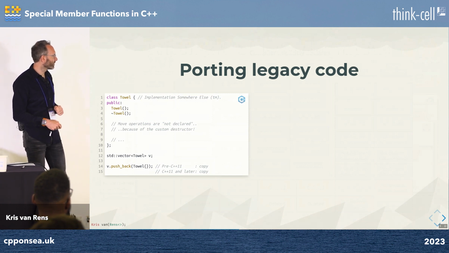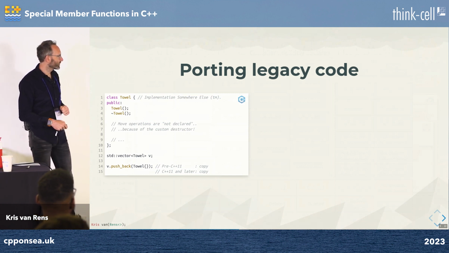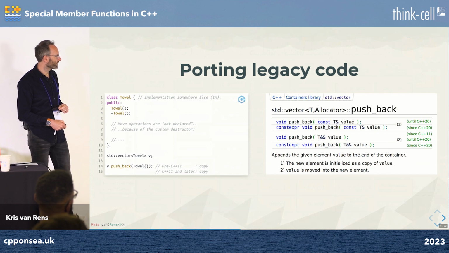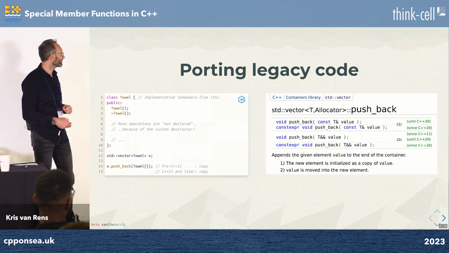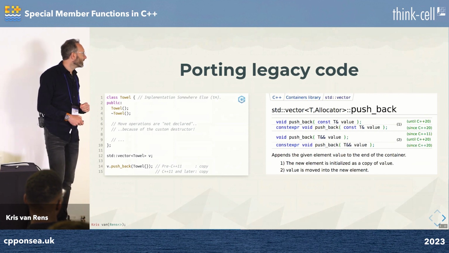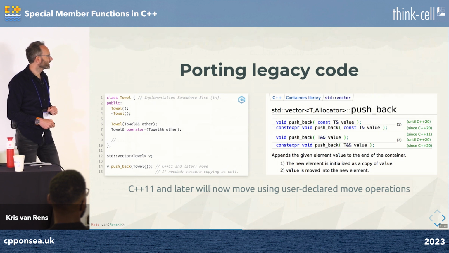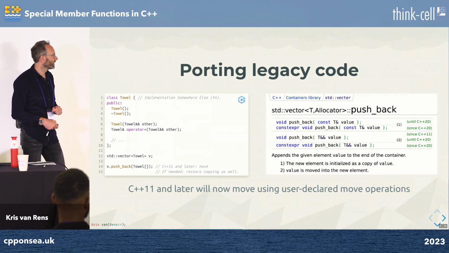But if we want optimal performance, in this case, for example, here we have an R value that in push_back has an R value reference overload. It's this one. So why is it not using that one? Well, because we don't have the move operations, because they are not declared because of our custom destructor. So the only thing we have to do is implement the move operations, and now this code will work properly.